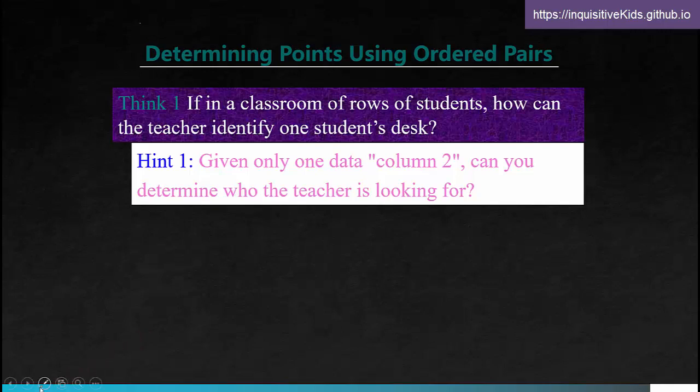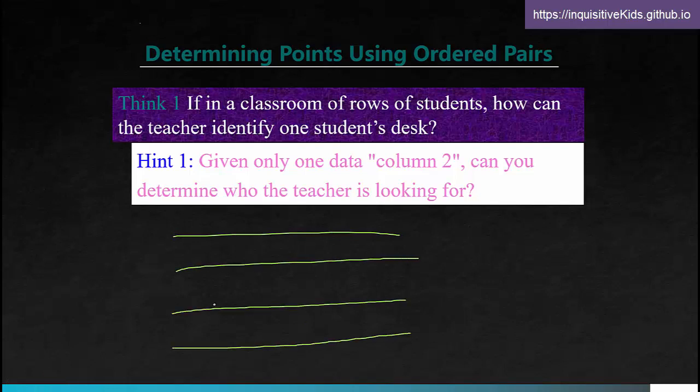So what this is essentially saying is if you have grids of students in a classroom and they're sitting in this traditional arrangement, say there's only 12 students in this class, and you say column 2. This is column 1, 2, 3, 4.